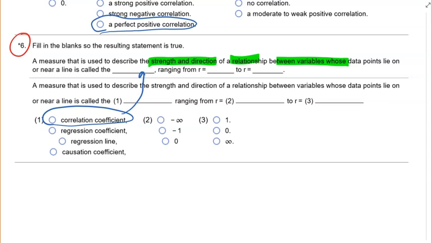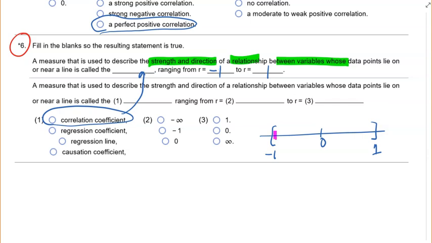Okay, and the value of R goes from -1 to +1. Therefore, the value of R could be -1, and go to the right, bigger than -1, and up to 1.